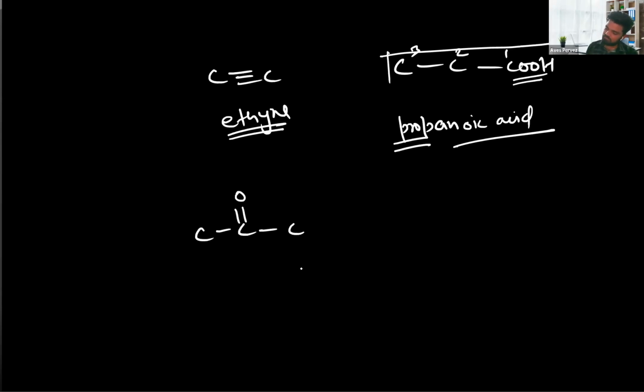Propyne. Propyne, yes. Then this is a ketone functional group. And "yne" always comes when there is a triple bond between two carbon-carbon atoms. Here it is just a double bond between carbon and oxygen.